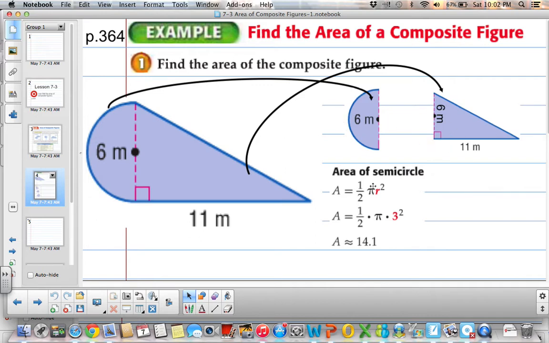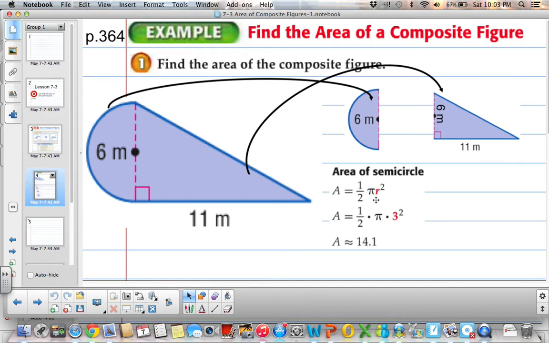So the area of a semicircle: we know that the area of a full circle is pi r squared. Since it's just half of it, we would find the area of a full circle, and then multiply it by 1/2 or divide it by 2. We're given the diameter, which is 6, because the whole length of this is 6, so that's our diameter because it crosses our whole circle.